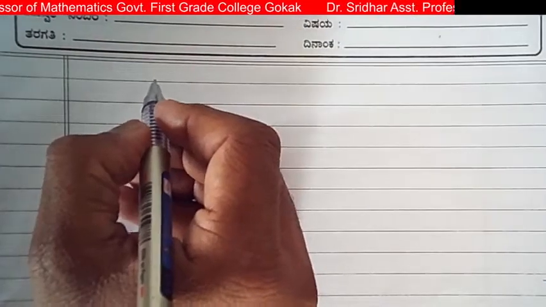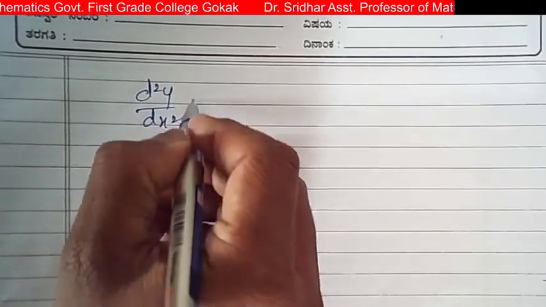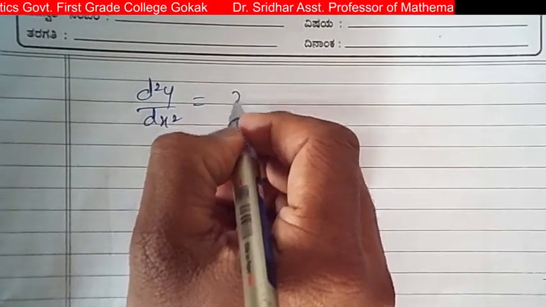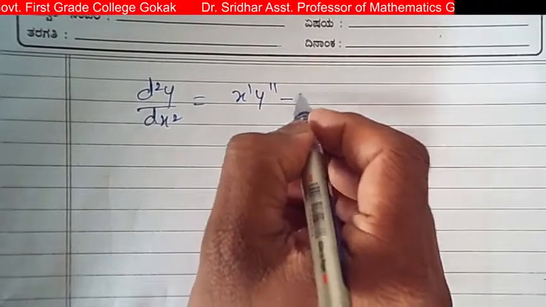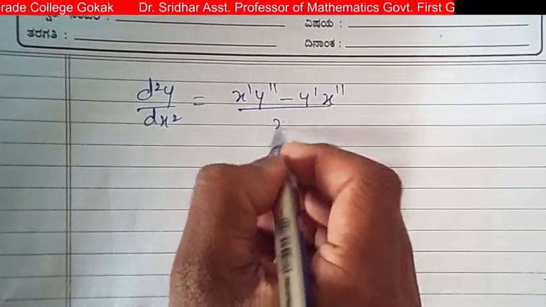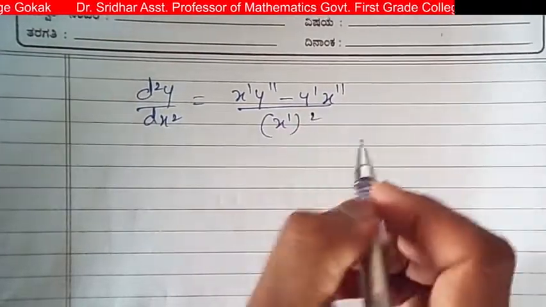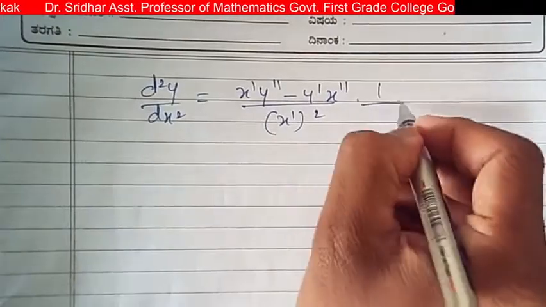d square y by dx square is equal to x dash y double dash minus y dash x double dash whole divided by x dash square into 1 divided by dx by dt.